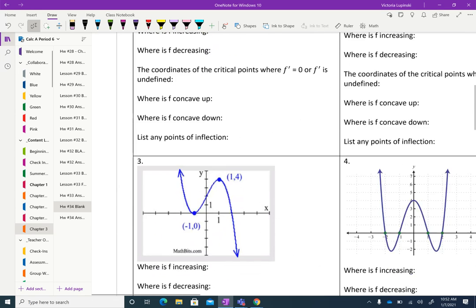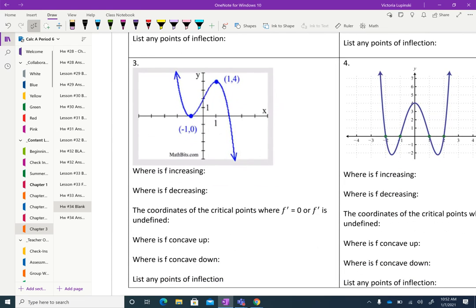We're going to go ahead and do number 3. Even though it doesn't technically ask me for it, just as a reminder, this is an example of a polynomial whose end behavior is up, down. The only way your end behavior can be up, down is if you're odd and negative.